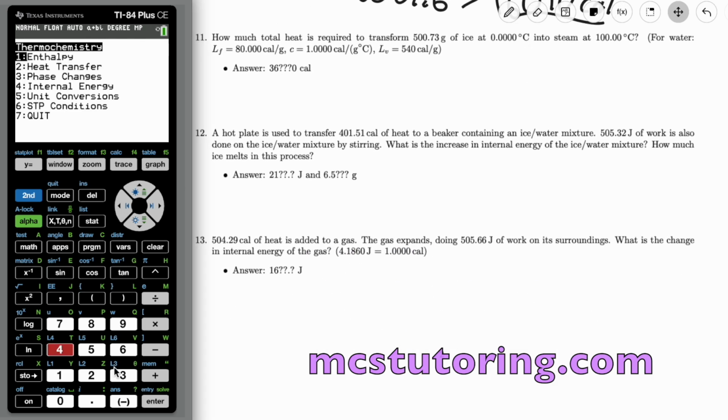We are going to go to phase changes, option 3. And then we're going to go to complete change because we are going from ice to steam. And then we're going to choose option 1 for calories. Good. And then the mass is 500.73.